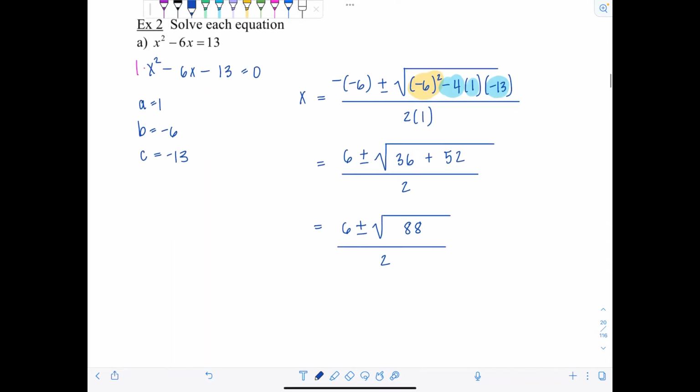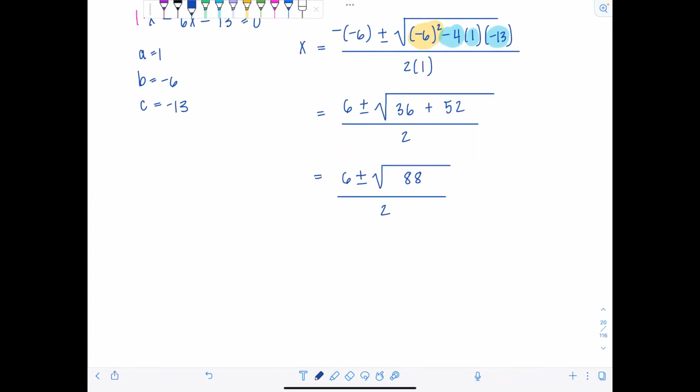We got to make sure we simplify our radicals. So 88, that's 4 times 22. So that's 6 plus or minus square root of 4 times 22 over 2. So this is going to be 6 plus or minus, remember, you can break up that radical, rad 4, rad 22.